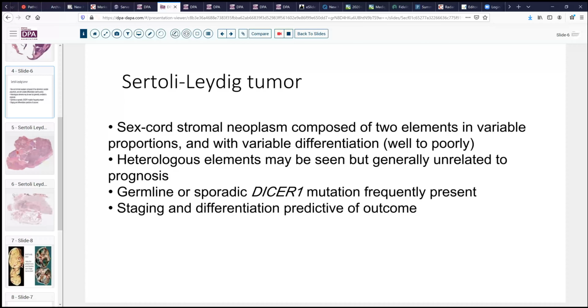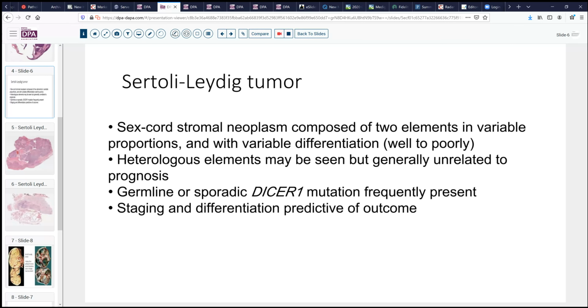These tumors are composed of these two elements in variable proportions. And to make things more interesting, they have variable differentiation. The one that we've just looked at is quite well differentiated. The Leydig cells are particularly easy to recognize. The Sertoli elements are relatively well developed and show nice tubular formation.